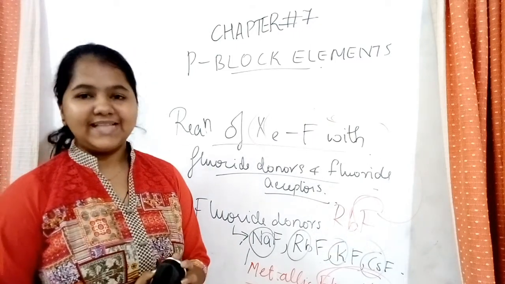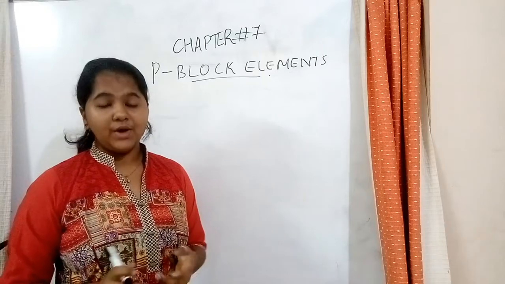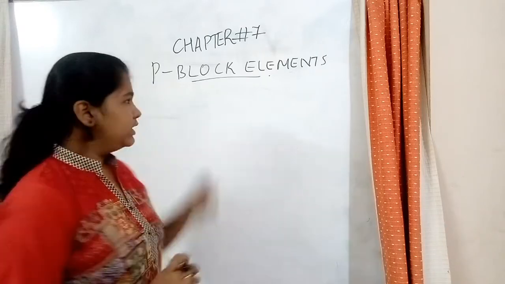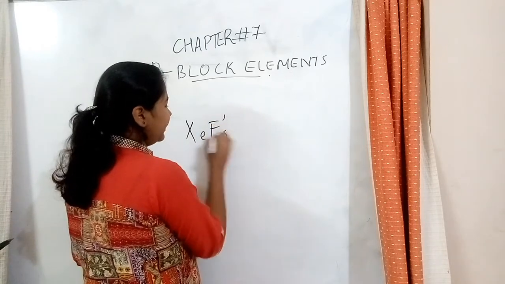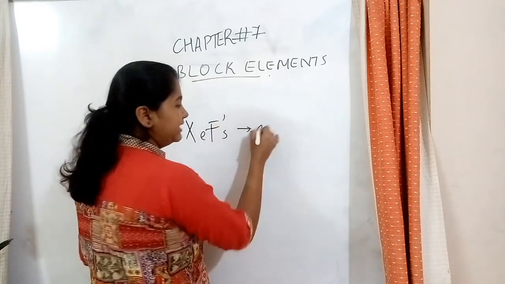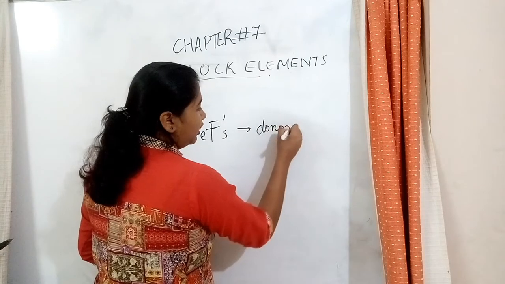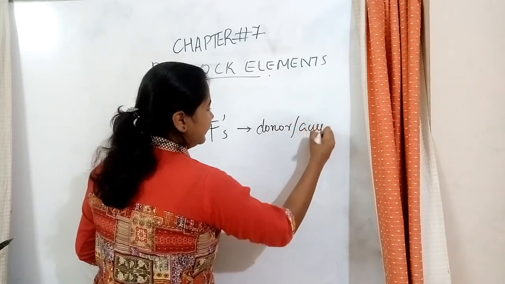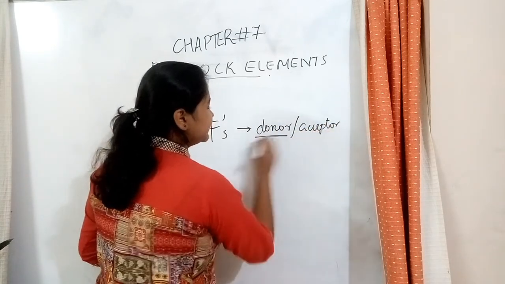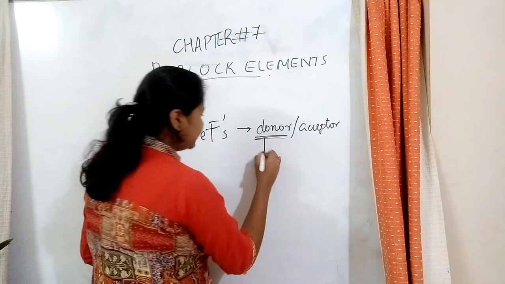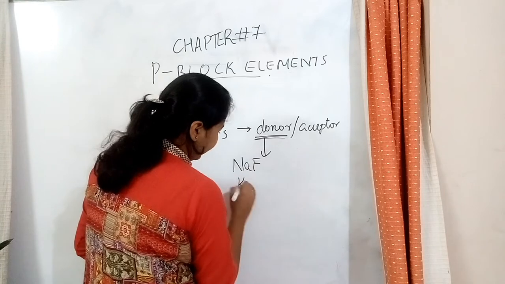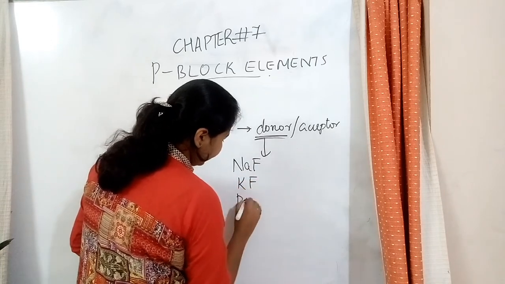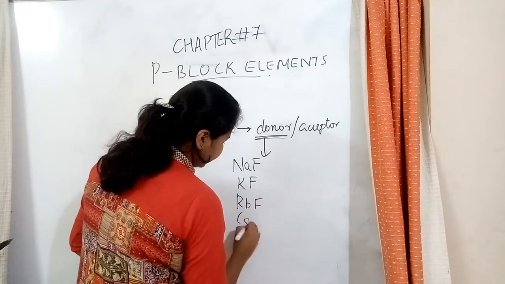So let's see the equations. So now let's check with the reactions. So we said xenon fluorides, what would they do? They would react with either donor or acceptor. Am I right? So we are discussing donors. Which are the donor atoms that we know? NaF, KF, RbF and CsF. What is this?